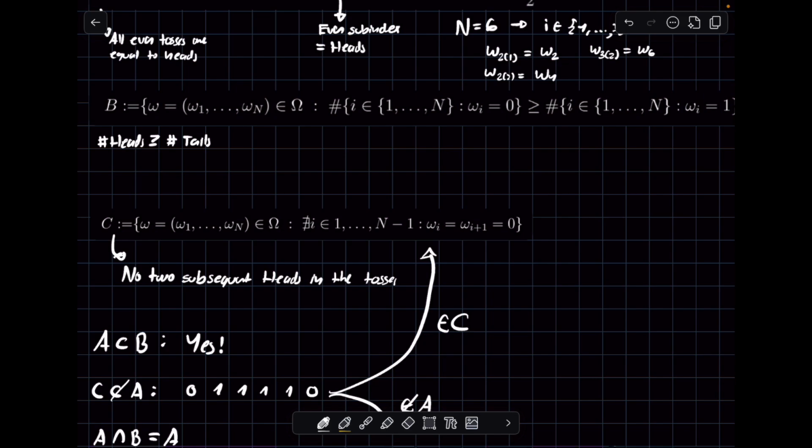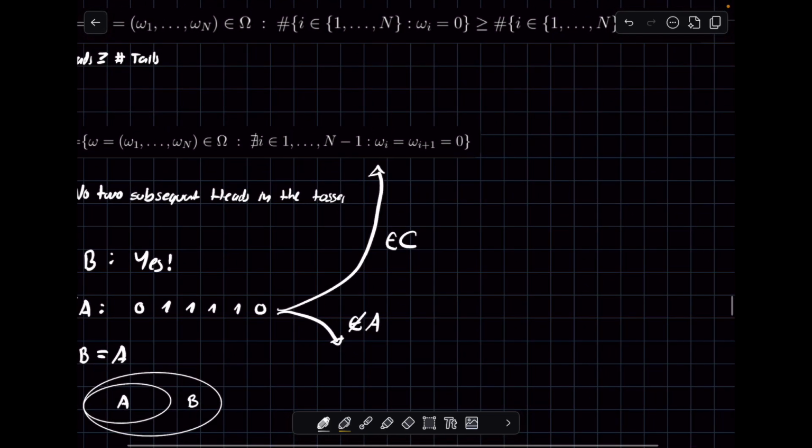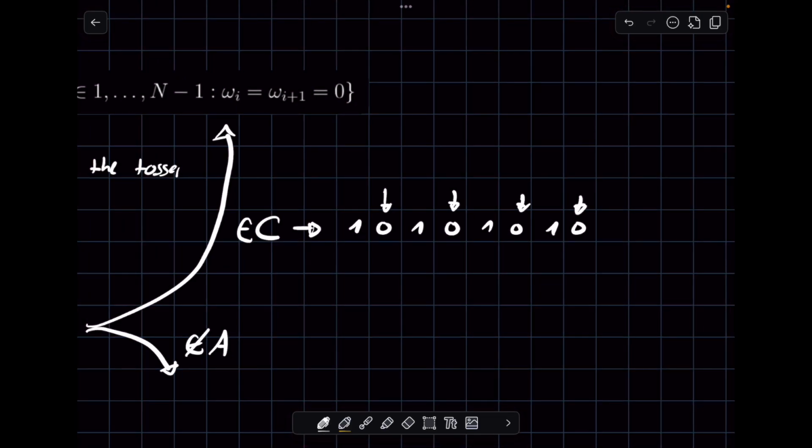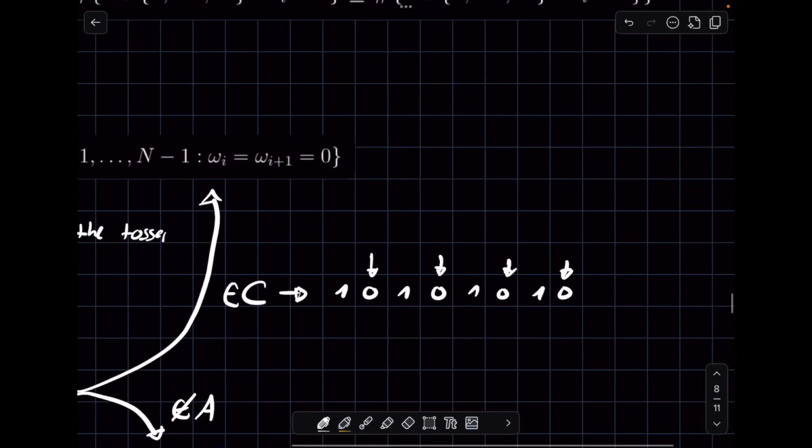that we could have, right, the 1 0 1 0 1 0 case. Let's take C. If we take 1 0 1 0 1 0 1 0, this sequence will always have heads in the even spots, and we also have no subsequent heads in the toss.